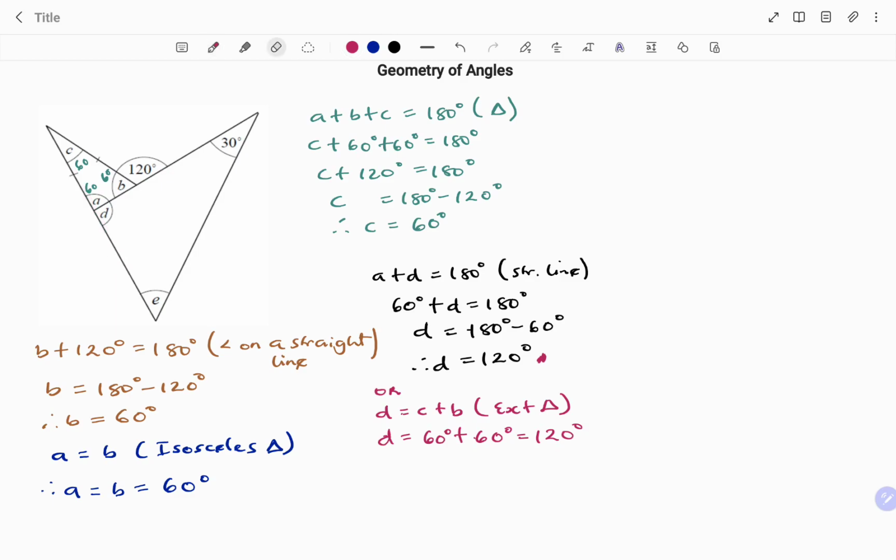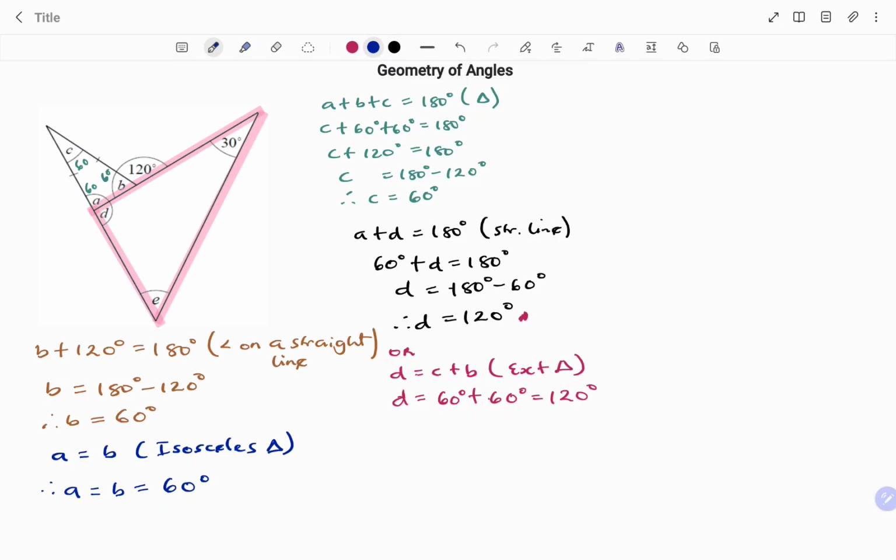To find the value of E, I have the triangle highlighted as shown. I'm going to use that triangle such that I have angle E plus angle D plus 30 degrees equals 180 degrees. That's the sum of angles in a triangle.